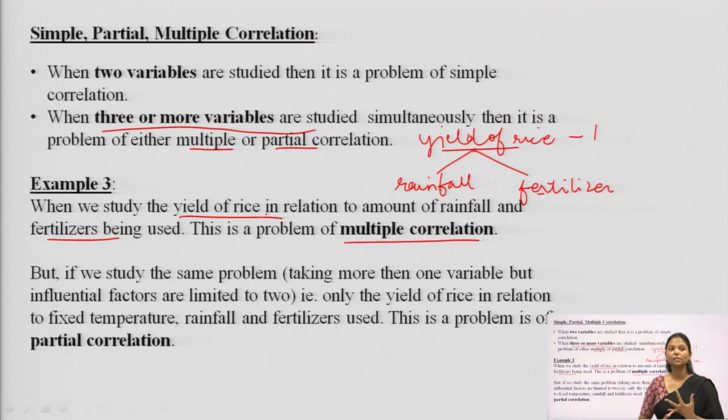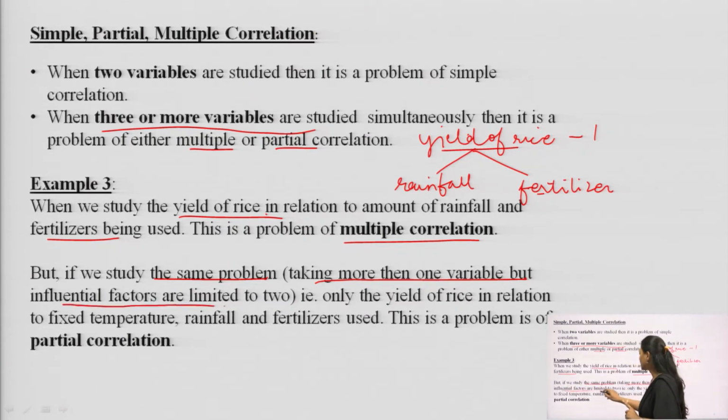Then what is a partial correlation? Now, if we study the same problem, that means the yield of rice, but we are keeping one of the factors constant. That means we are studying the same problem, the yield of rice, taking one or more variables, but the influential factor is limited to only two. Then it is called a partial correlation.